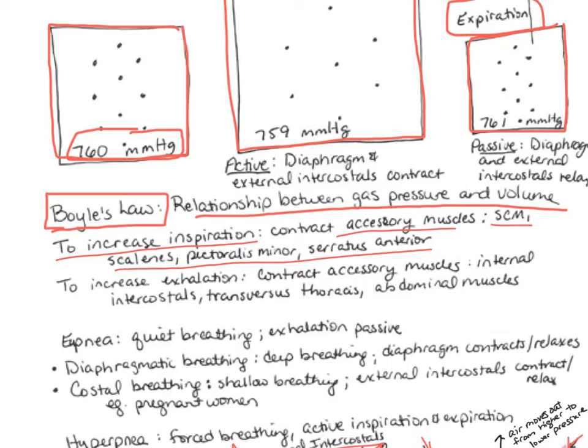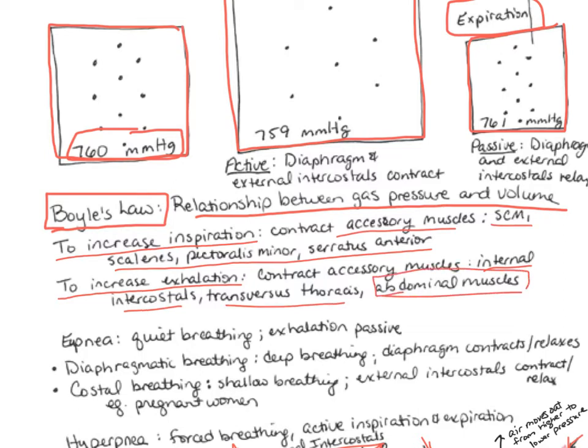And then to increase exhalation, when a person is forcing exhalation, because maybe they have chronic obstructive pulmonary disease where they can't get the air out, then they're going to use muscles like the internal intercostals, the transversus thoracis, and the abdominal muscles.